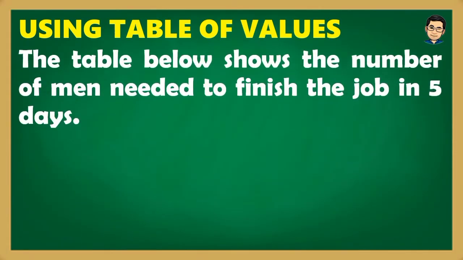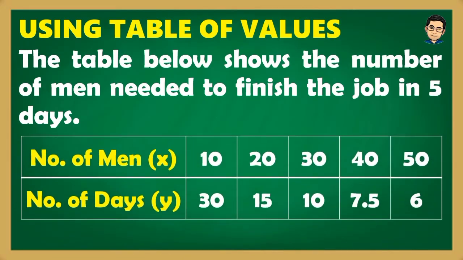The table below shows the number of men needed to finish the job in 5 days. As you can see, the first column shows the number of men, which is x, the independent variable. And then the number of days, y, is the dependent variable.